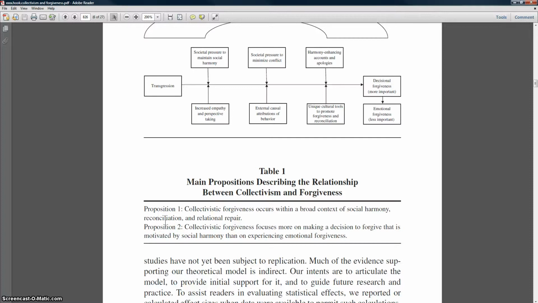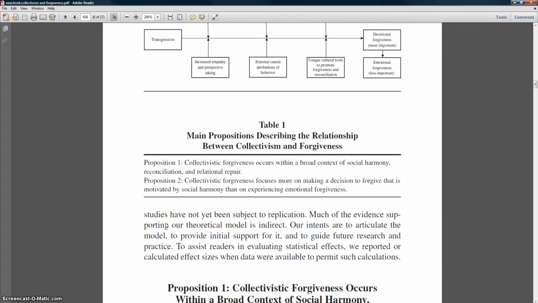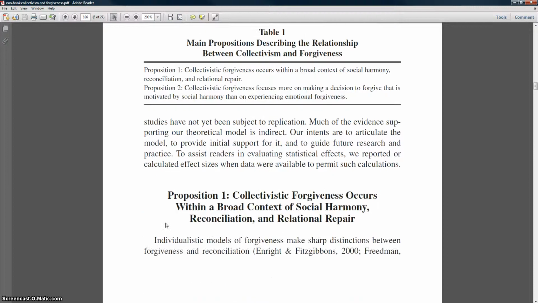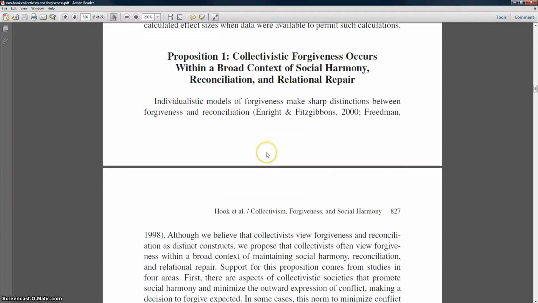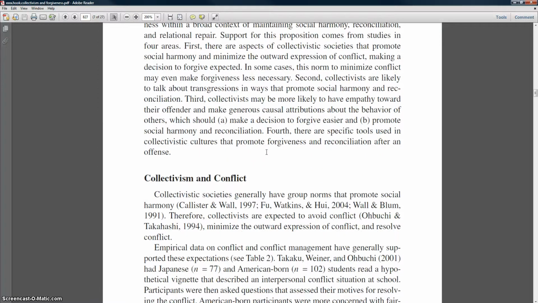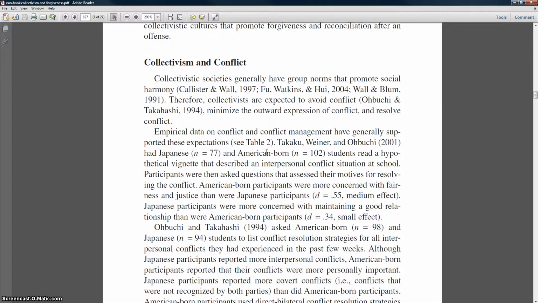Collectivistic forgiveness focuses more on making a decision to forgive, motivated by social harmony, than on the intrapersonal experience of emotional forgiveness, which is typically prioritized in more individualistic countries like the U.S. So then he's got proposition one, a whole section on that, where he reviews a variety of studies that specifically looked at constructs related to that proposition.